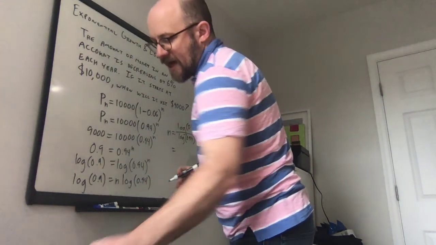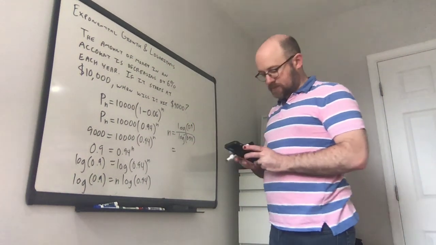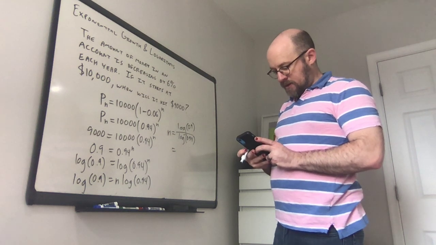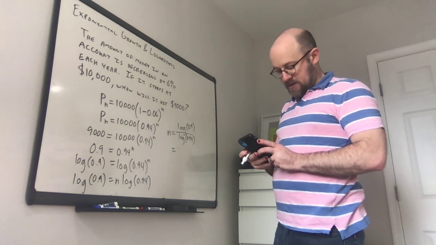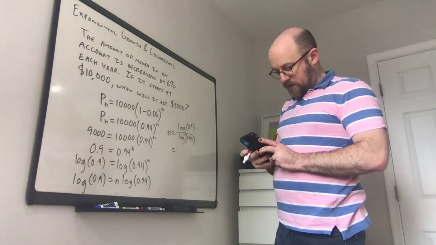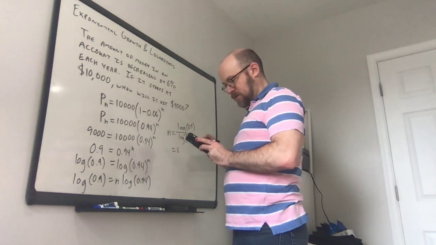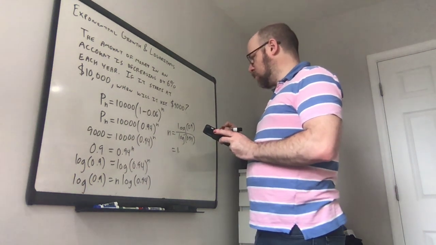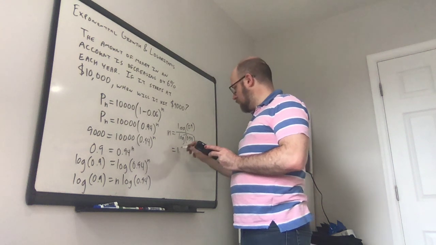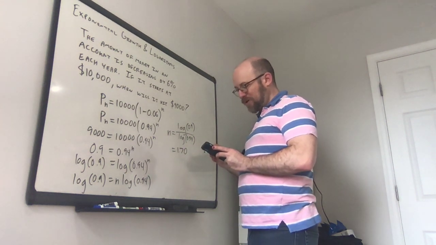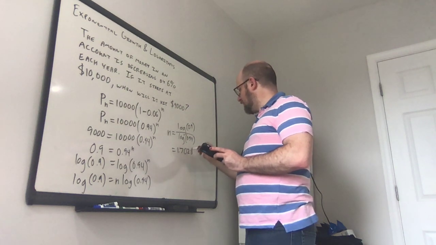And you can solve that with your calculator. Log of 0.9 divided by log of 0.94 gets us 1.7028, let's say.